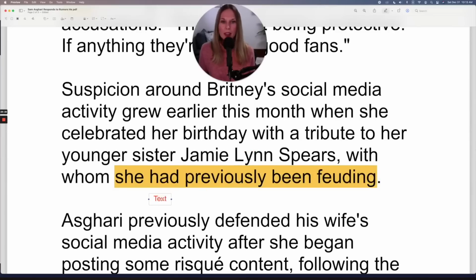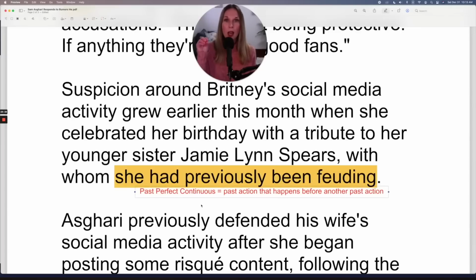This is the past perfect continuous. And we use it for a past action that happens before another past action. So on our timeline, let's say she feuded with her sister.